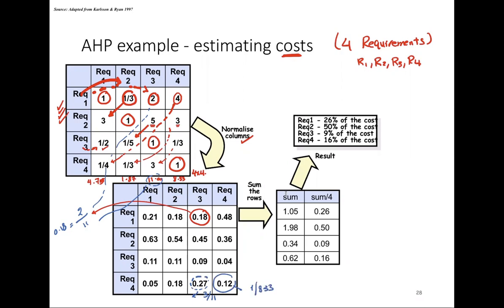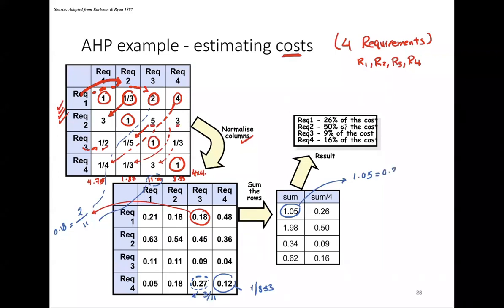So once we have normalized all the columns, at this point you start summing the rows. The 1.05 over here equals the sum of the normalized column values in row 1.